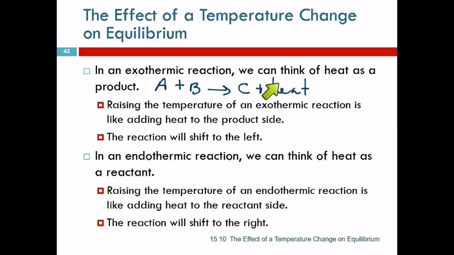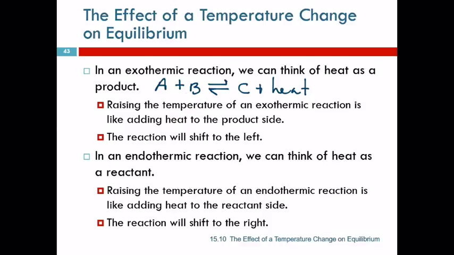If we increase the heat, it's going to shift. I should have made this an equilibrium. So if we add heat, which is a product, that's increasing the heat, it'll cause it to shift to the reactant side.